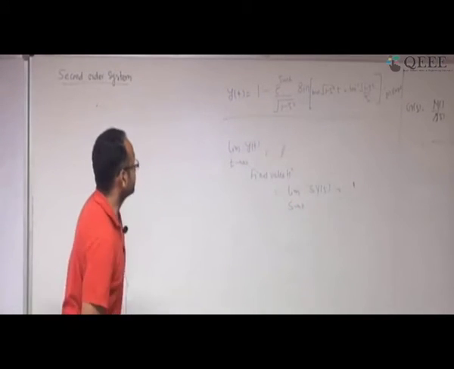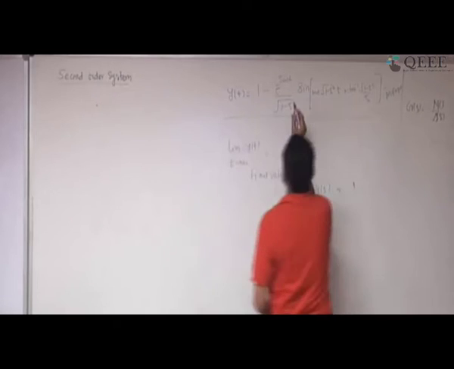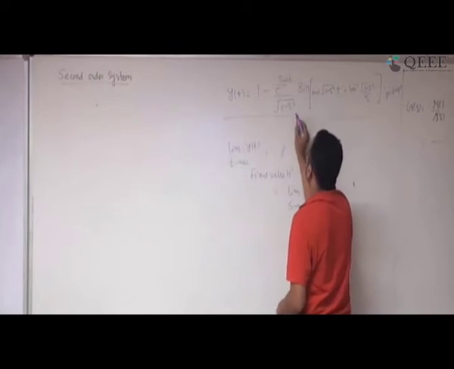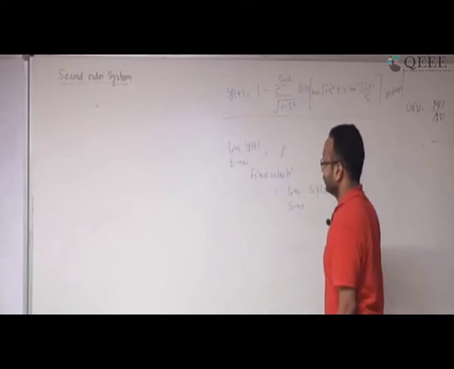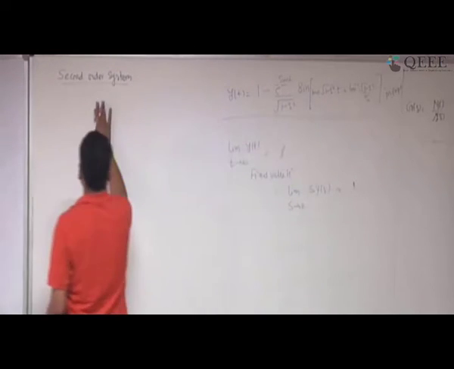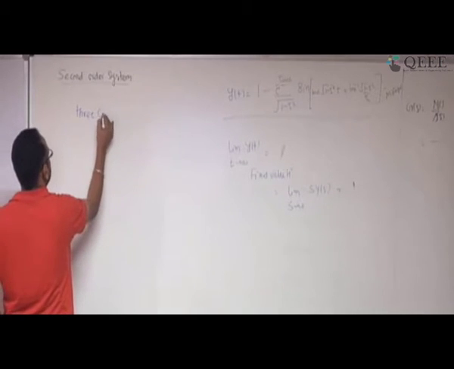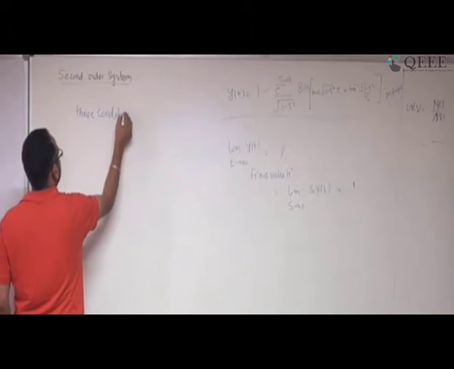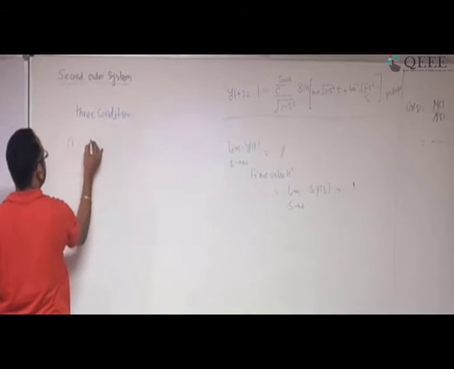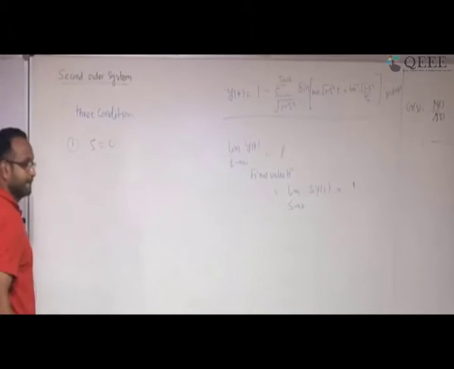Here, as I mentioned, the terms involved are zeta, omega_n and so on. When we analyze it, we consider 3 conditions. First, when zeta equal to 0.